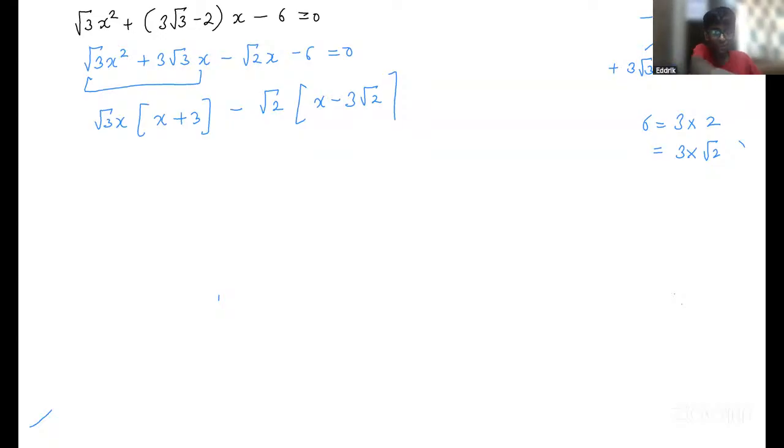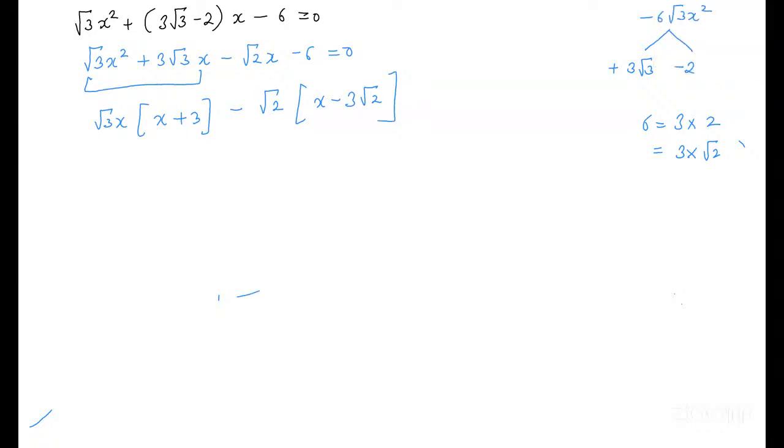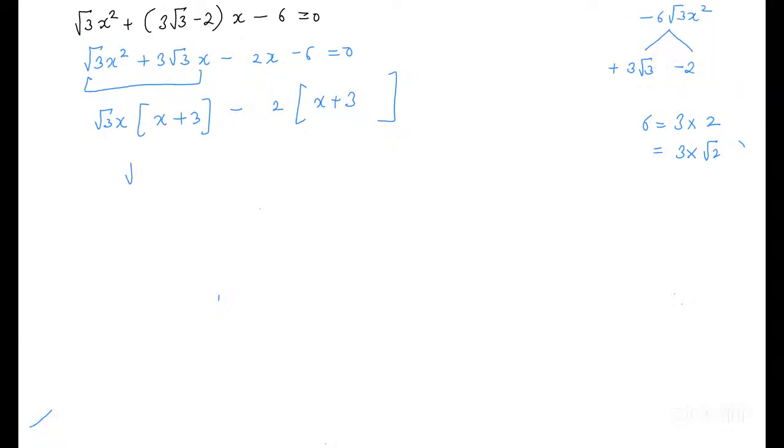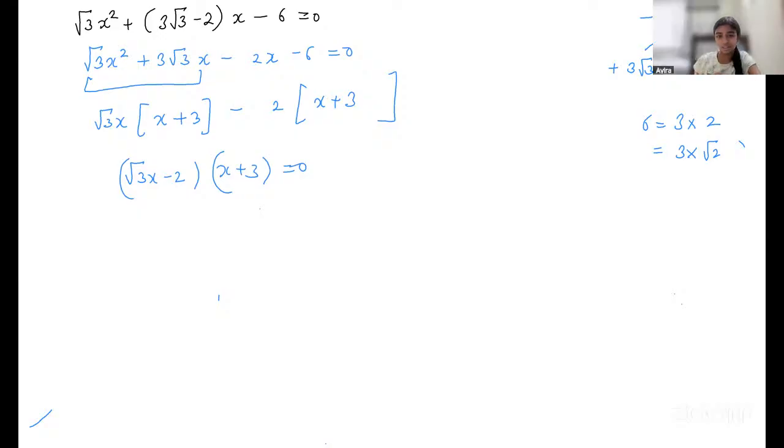But there root 2x, you should write just minus 2x, not minus root 2x. Yes, minus 2x, not minus root 2x. Then 2 will come, so x plus 3. So here I got this equation, and then you have to put it equal to 0. Understood? Yes, I understood.